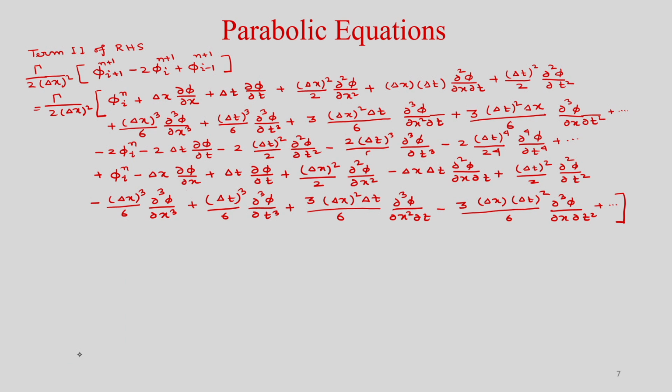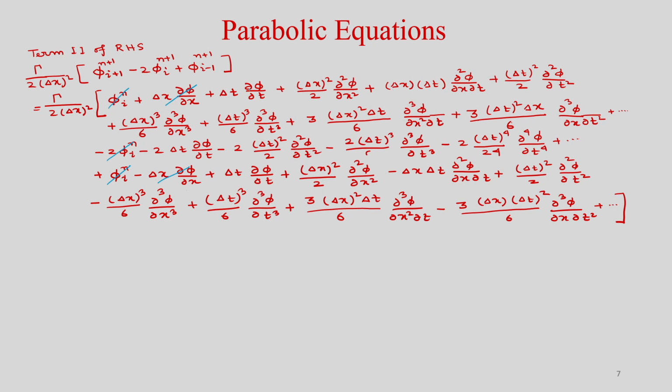Okay, so now let us see which terms are cancelled out. One is this φ_i^n, this φ_i^n and this minus 2φ_i^n. So these are cancelled out. So ∂φ/∂x, this is your plus and this is your minus.